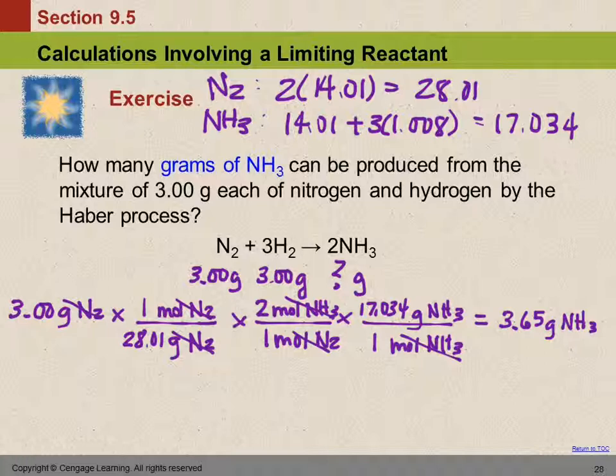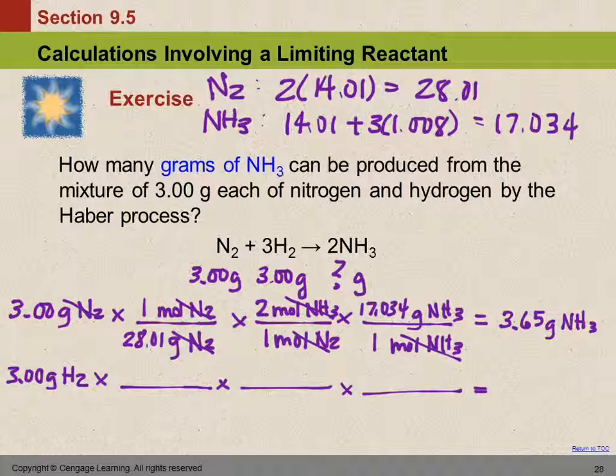So that's 1 down. Now we need to calculate with the other reactant. 3.00 grams of H2. And so this is going to follow exactly the same pattern. Grams to moles to moles to grams.